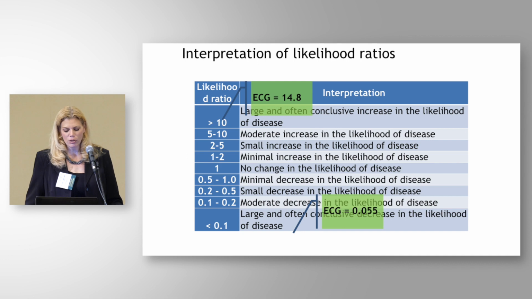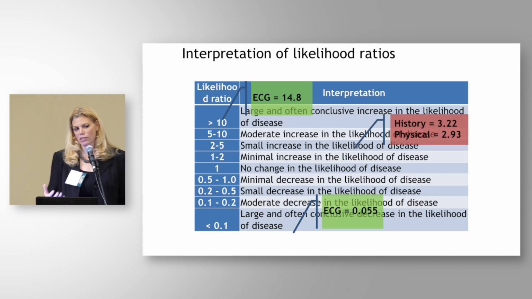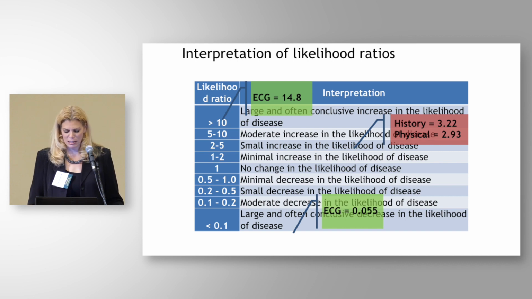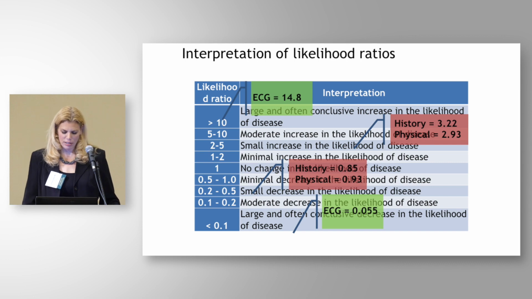On the other hand, if you looked at history and physical, if you had a positive history finding or a positive physical finding, then there was a small increase that somebody actually had the disease. And if you have a negative history or physical, it doesn't really change much. It means that there's actually a minimal decrease in the likelihood of the disease.